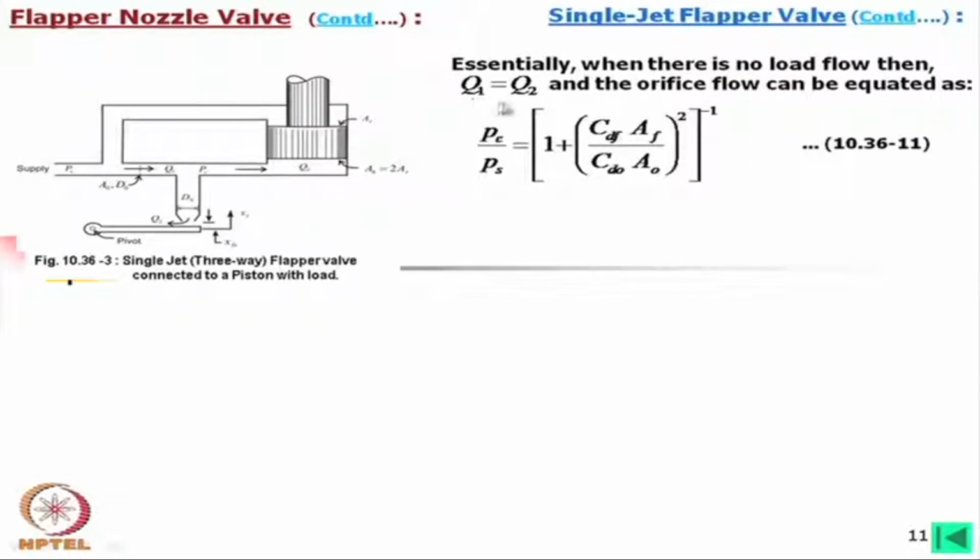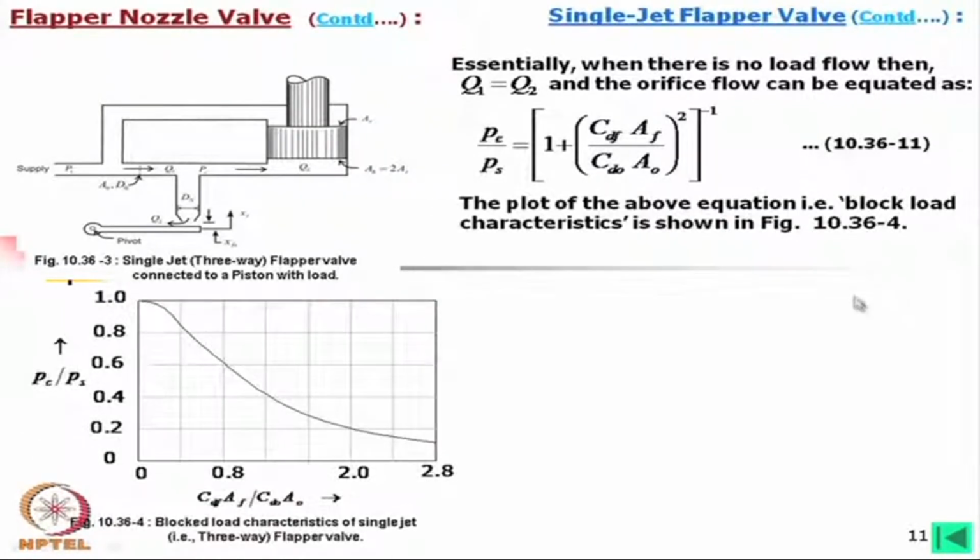In that condition, Q1 is equal to Q2, and if we write PC by PS in that way, this will be expressed in this form. The plot of the above equation is called the block load characteristics. This can be presented in this form.